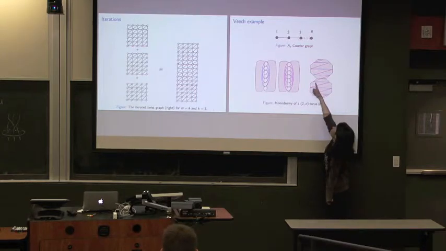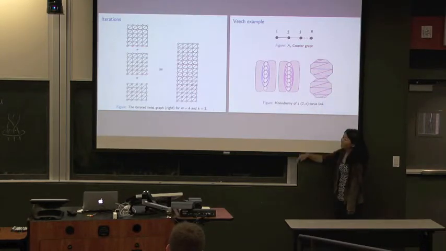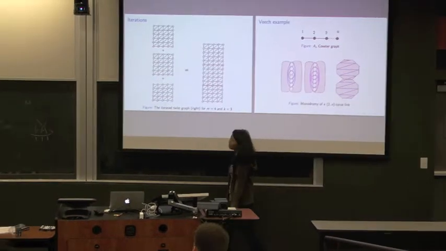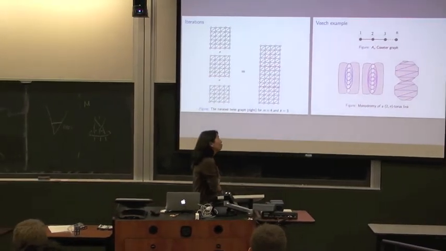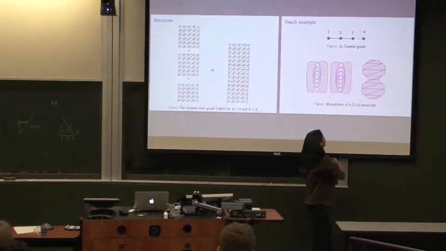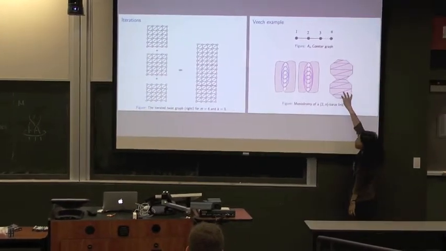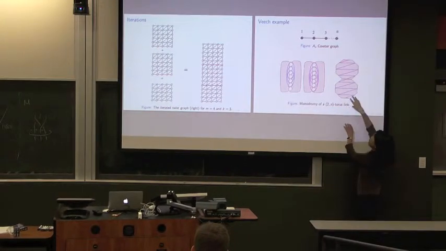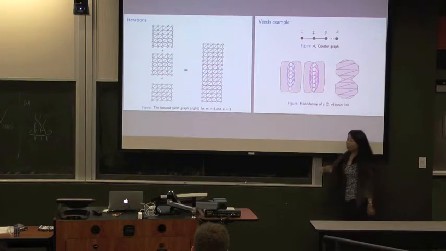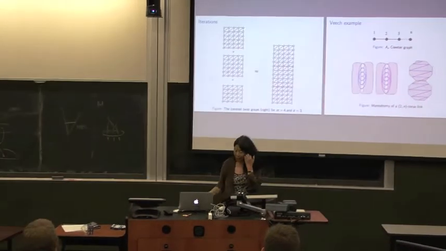So that side glues to that, etc. That gives you a surface, and the monodromy is not hard to see. You just rotate, and maybe you exchange, but it's basically a rotation. So it's very clearly periodic.